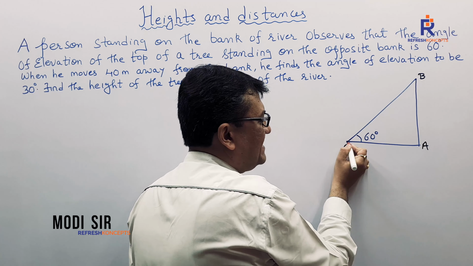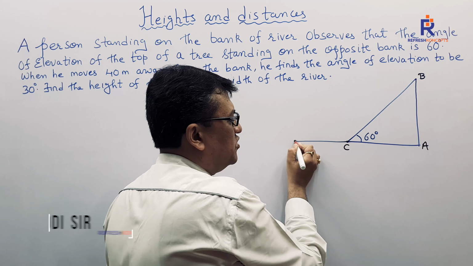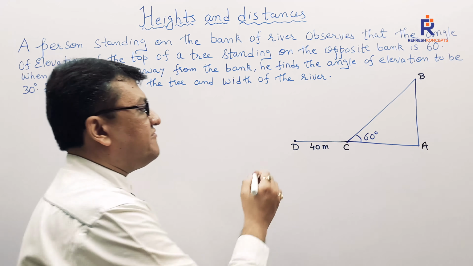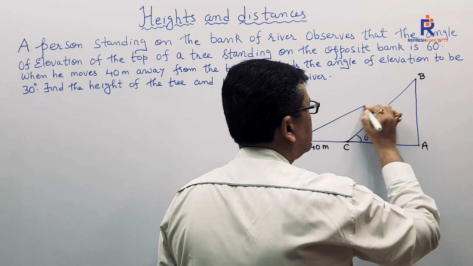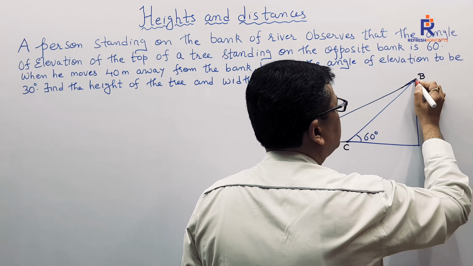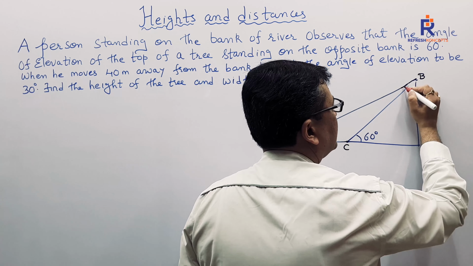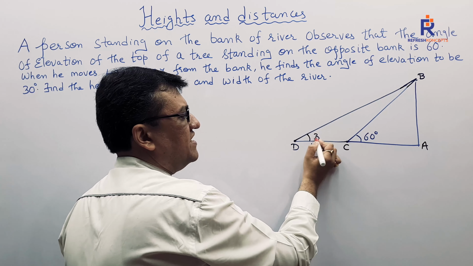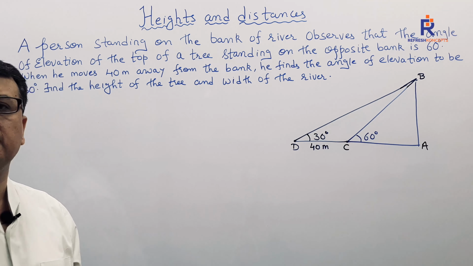That clearly suggests that he is moving away, and the second position of the person is at point D, which is 40 meters away from his initial position. And from here he finds the angle of elevation to be 30 degrees.